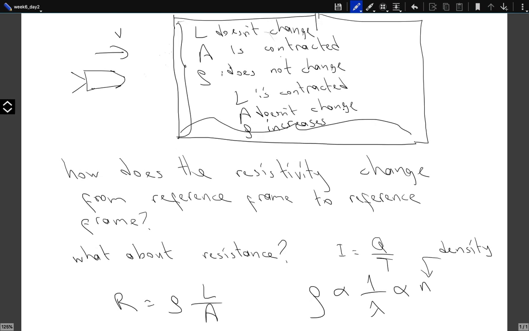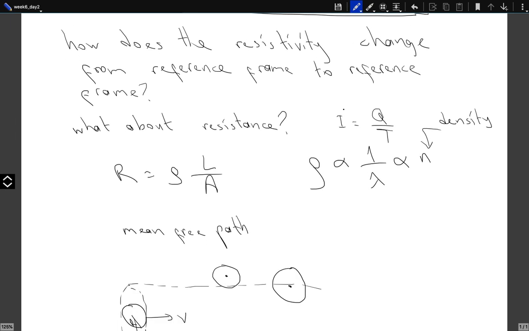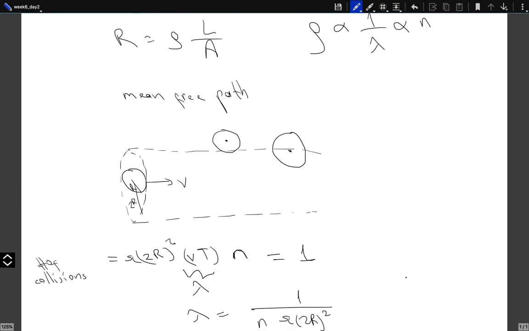How are we able to say that n changes and the area also changes, but the changes are equal? Well, you see, n is N over V, the total number of particles in a volume V. The volume will be contracted in one dimension only.